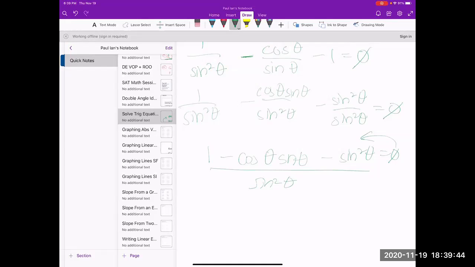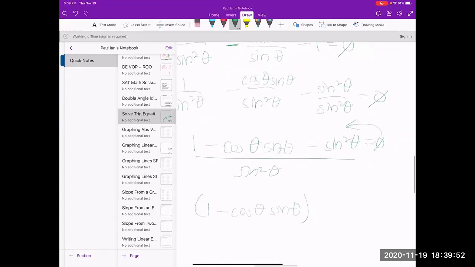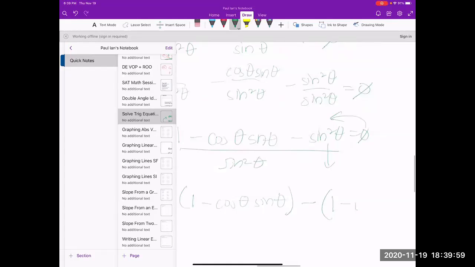So 1 minus cosine, and then minus the sine squared is 1 minus cosine squared.